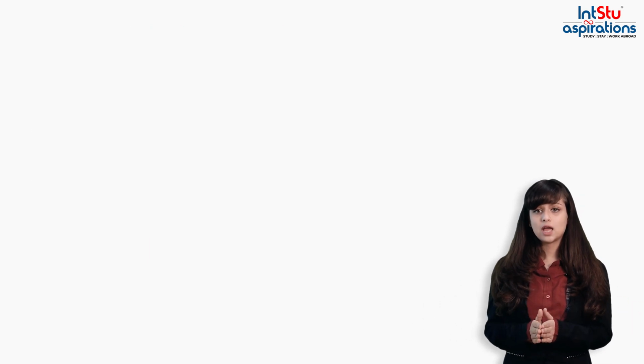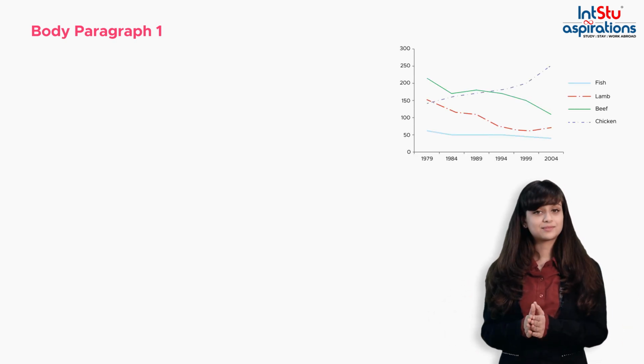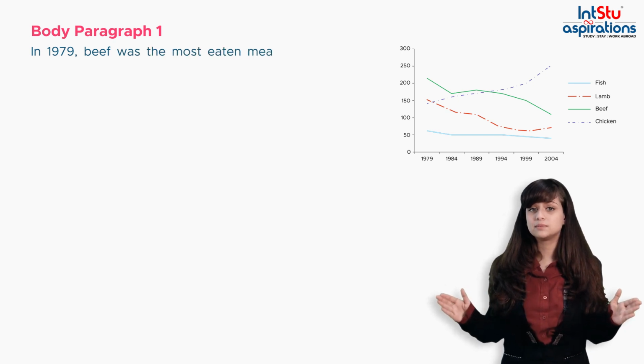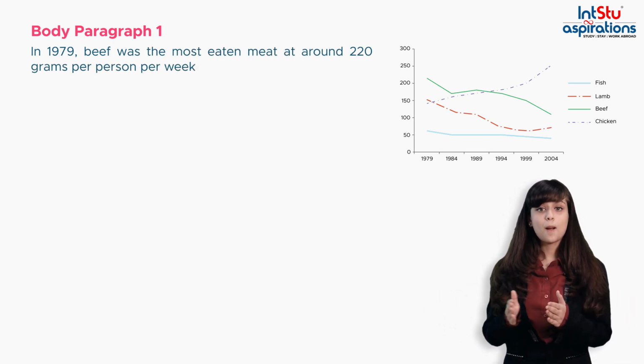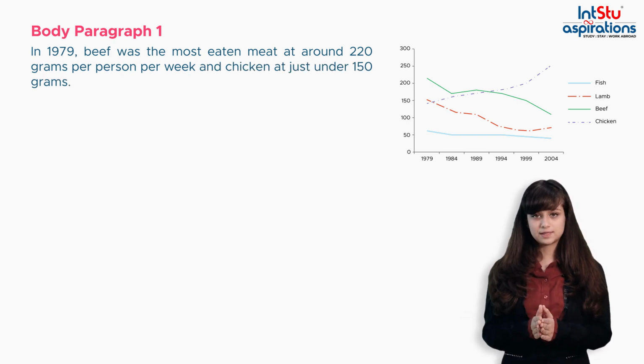Let us now see how the body paragraphs for this task can be written. In 1979, beef was the most eaten meat at around 220 grams per person per week and chicken at just under 150 grams.